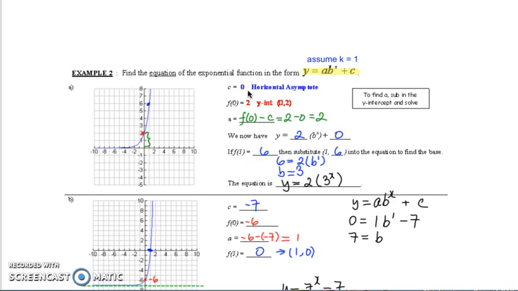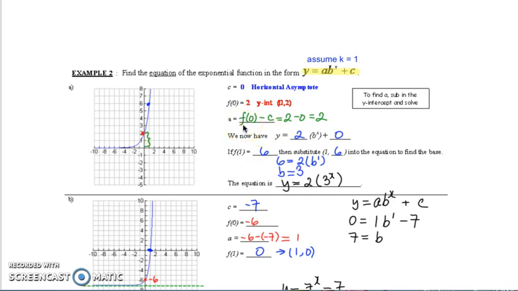The next thing that we can look for is any vertical stretches. Remember, for all exponential growth or decay functions, the base graph will have a y-intercept at 1. But on this particular graph, the y-intercept is 2. Or we can say that f(0) is 2. So we said that the distance between the horizontal asymptote and the y-intercept gives you the a value.